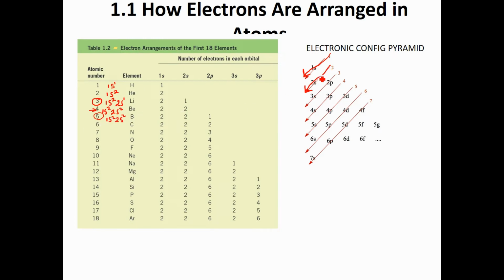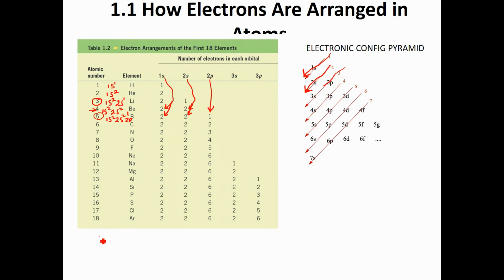We've covered the 1s and 2s, so we go at the back of the arrow, we have to cover the 2p before 3s. So we write 2p1. So you see there's 2p1, there's 2s2, and there's 1s2. So that's how you do it.